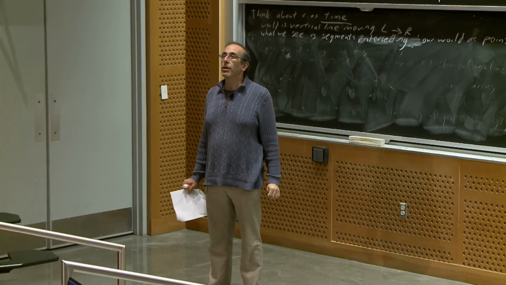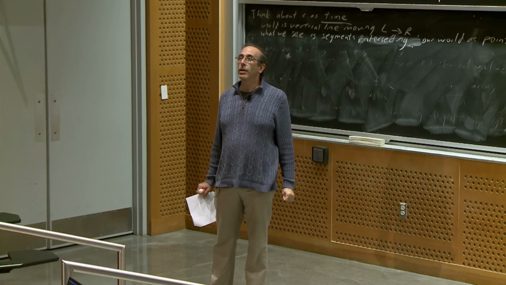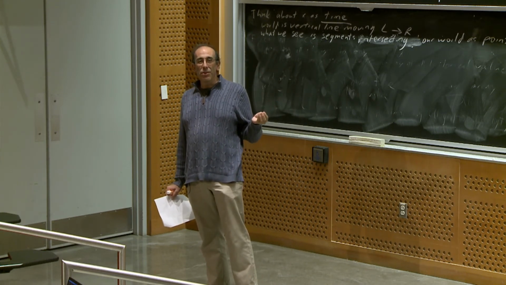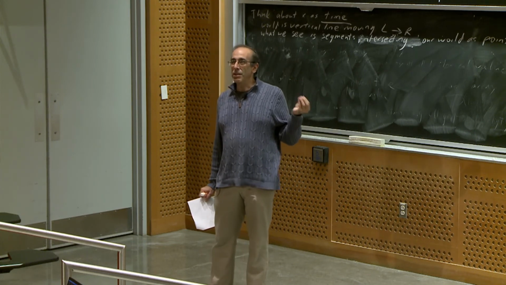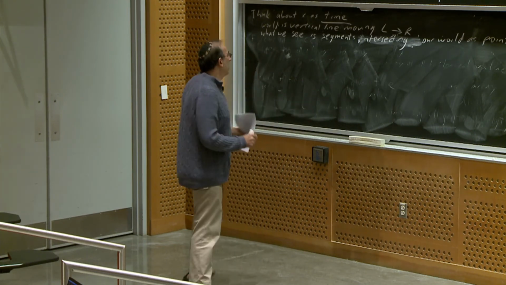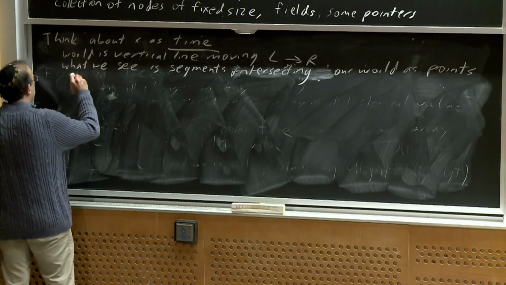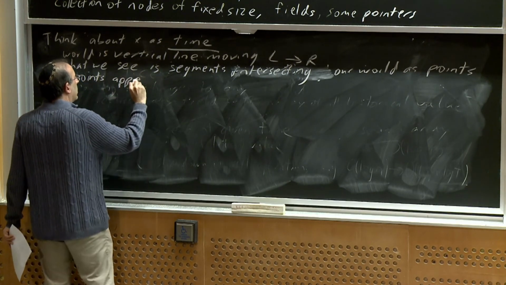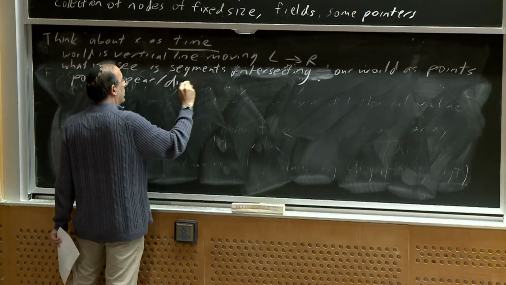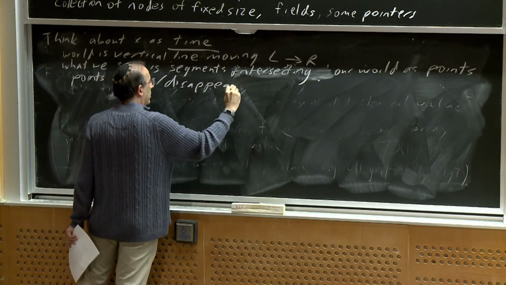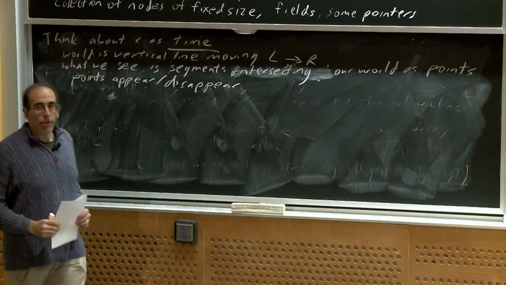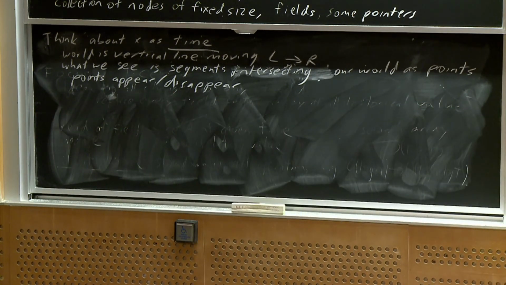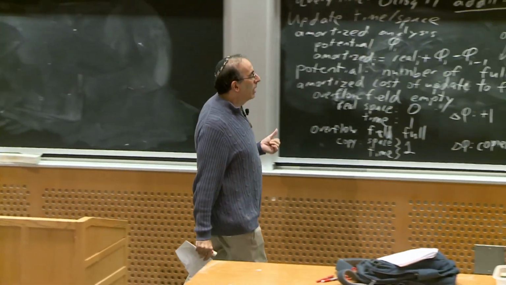Yes? Two of them become one and one becomes two. Good. So the point is, points will appear or split and disappear or merge, right? So we have these points appearing, then moving at a constant velocity, and then disappearing.